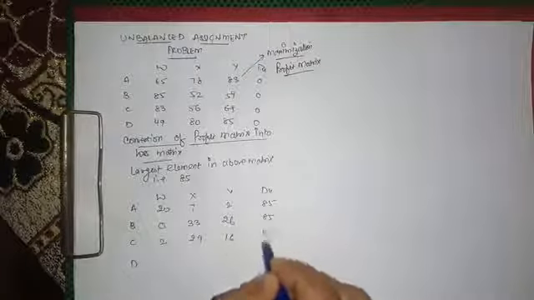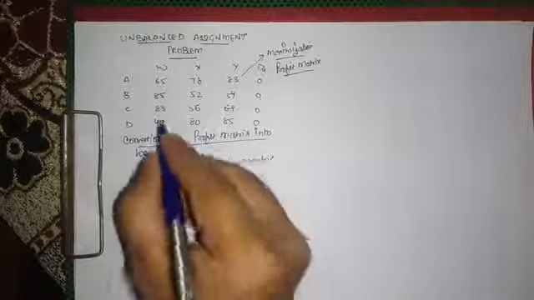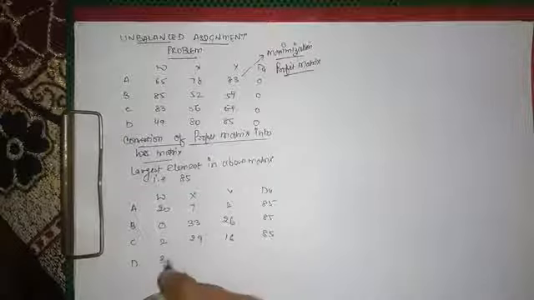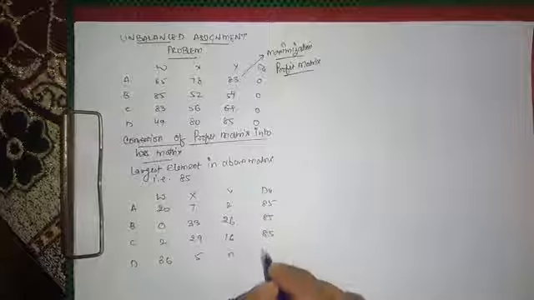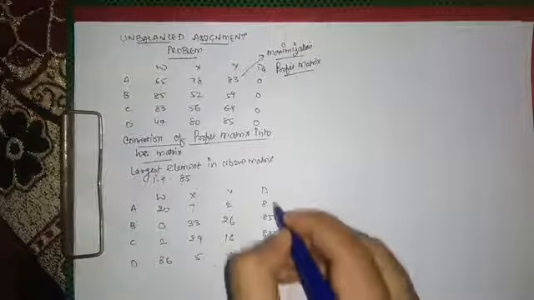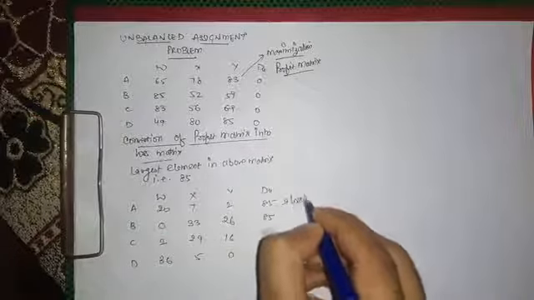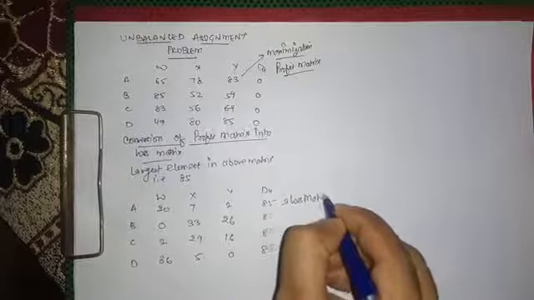Again 85, because 85 minus 0 is 85. Thereafter 49, 36, 5, 0, 85. Now this is our loss matrix.